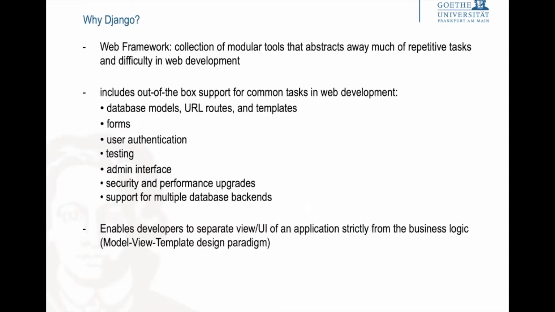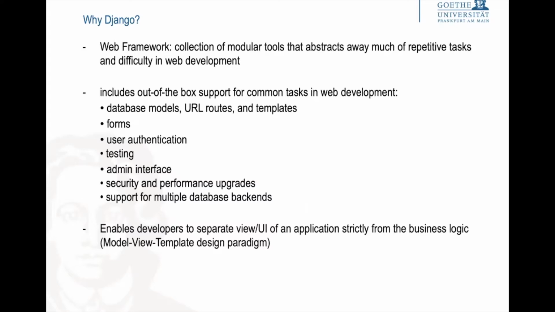So first of all, why Django? To start, it makes sense to define what we talk about. What is a web framework? It's basically a collection of modules that abstract away the repetitive tasks and the difficulties in web development.